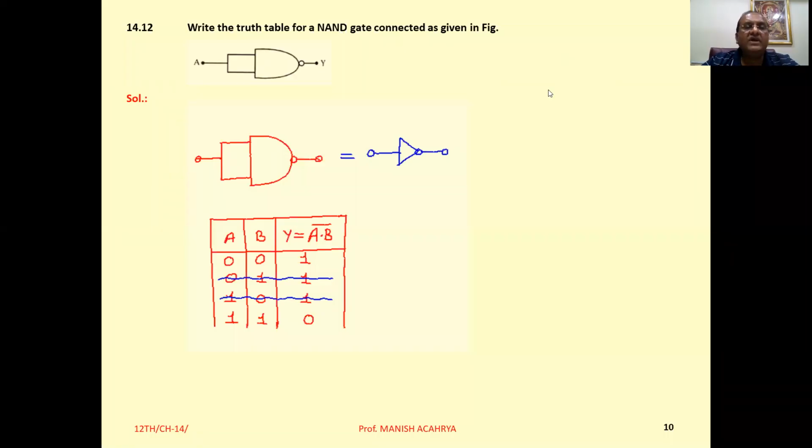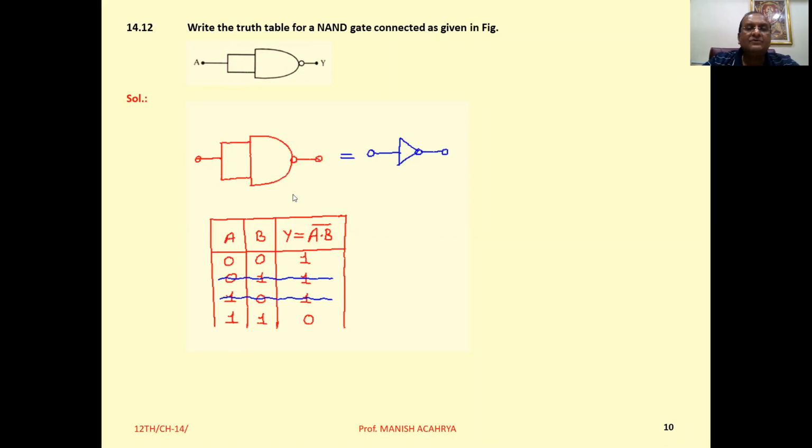Next one, 14.12. Write the truth table for NAND gate connected as given in figure. So see, this is the NAND gate. How it is connected? So see, both the inputs of NAND gate are connected with each other. It implies that inputs are short circuited.